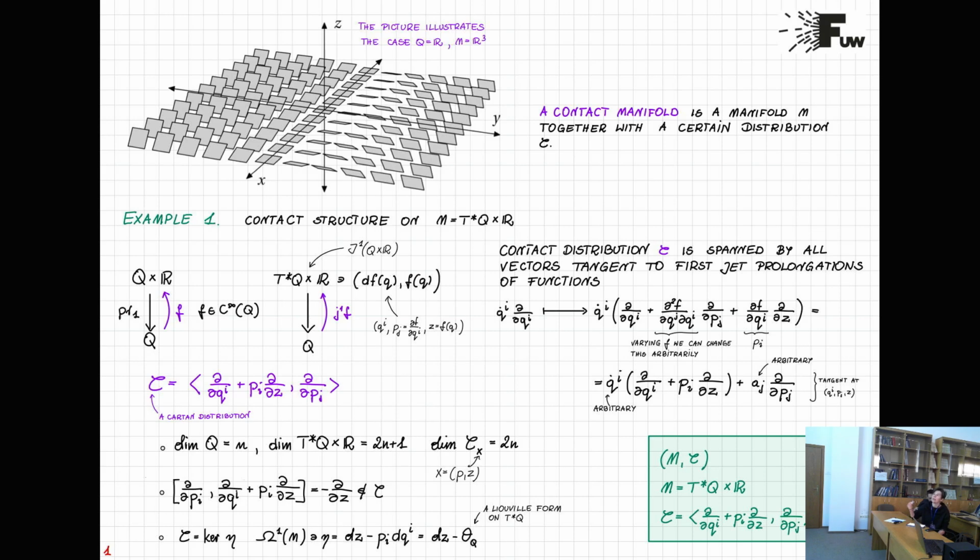So summarizing, we have the first simple example, which is the canonical contact structure on the cotangent bundle times R, which is treated as a first jet, the bundle of first jets of functions. And this is one codimensional distribution, non-integrable, being simultaneously a kernel of a globally defined one form.